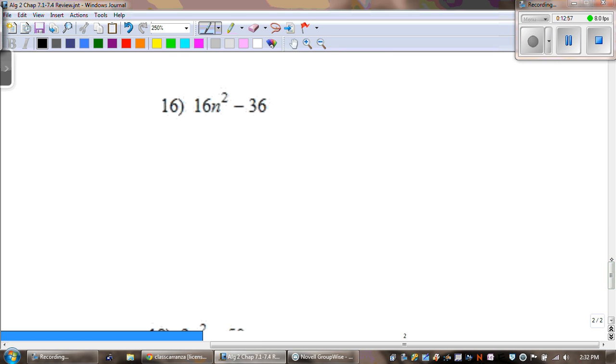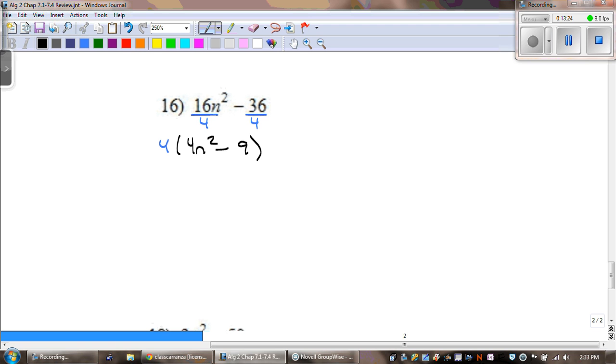Okay, number 16. Is there a GCF? Don't be saying no. Yeah, there is a GCF, guys. We can factor out a 4. The 4 comes out in front, and we're left with 4n squared minus 9. Now, what's inside?